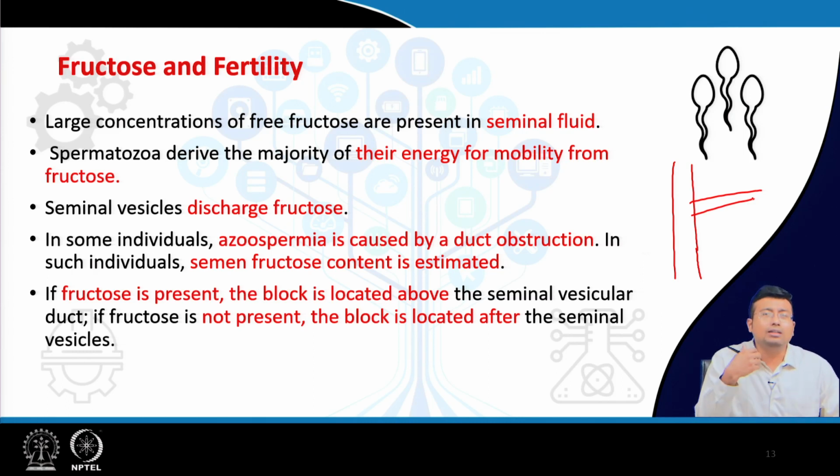So, during azoospermia we do a test for any anatomical defect. Anatomical defect is a defect in any duct or any pipeline for that matter. So, what happens over there, you see seminal vesicle. So, what if there is a block and sperms are not being delivered, there is no sperm, right.